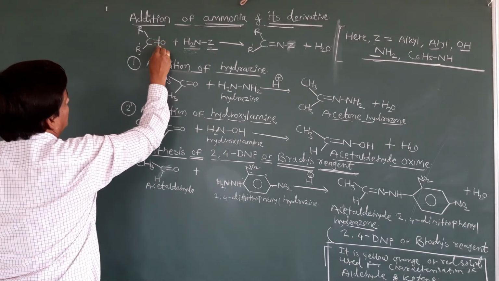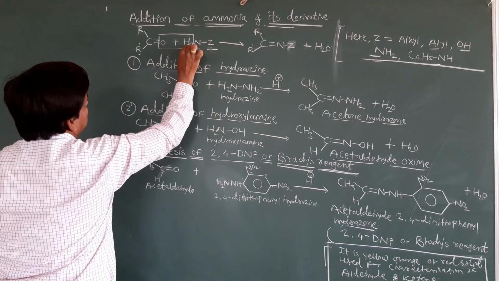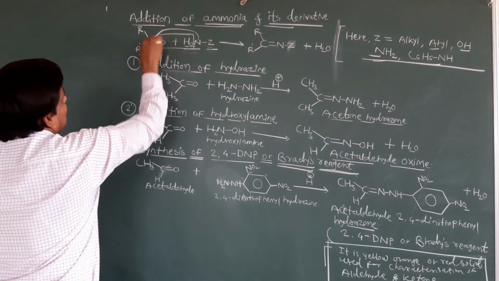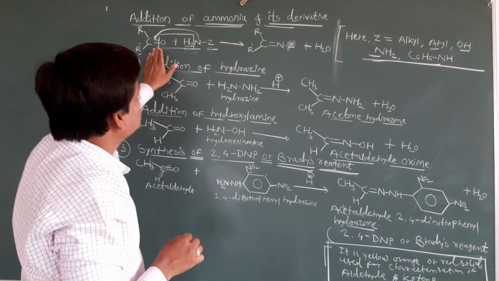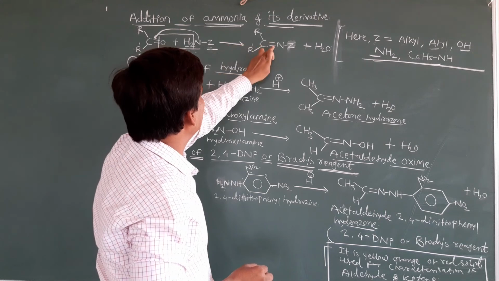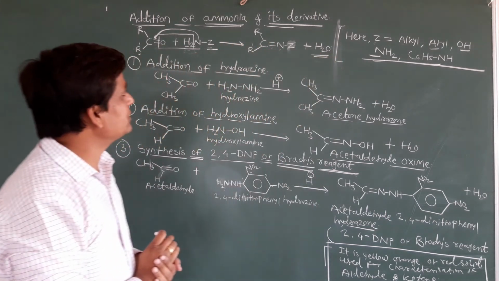The bond breaks from here: these two hydrogens and this one oxygen, H2O, will be removed, and this N will attach, NHZ. Here the double bond remains as it is: R-C(R')=N-Z, and a water molecule is removed. So this is the general reaction, students.